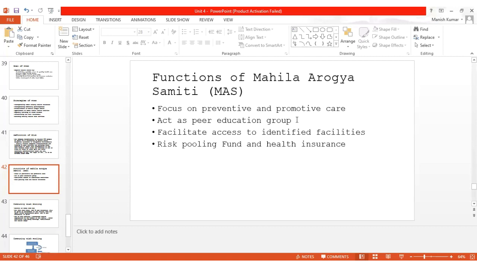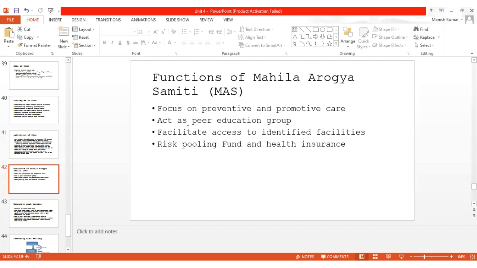So if you see programs like Rashtriya Kishor Swasthya Karyakram, there they have envisaged peer educators, where we identify one adolescent from the community, we teach them and then we mentor them, and that peer educator goes to the community and mentors their own peers. Similarly, that thing has been envisaged under MAS.